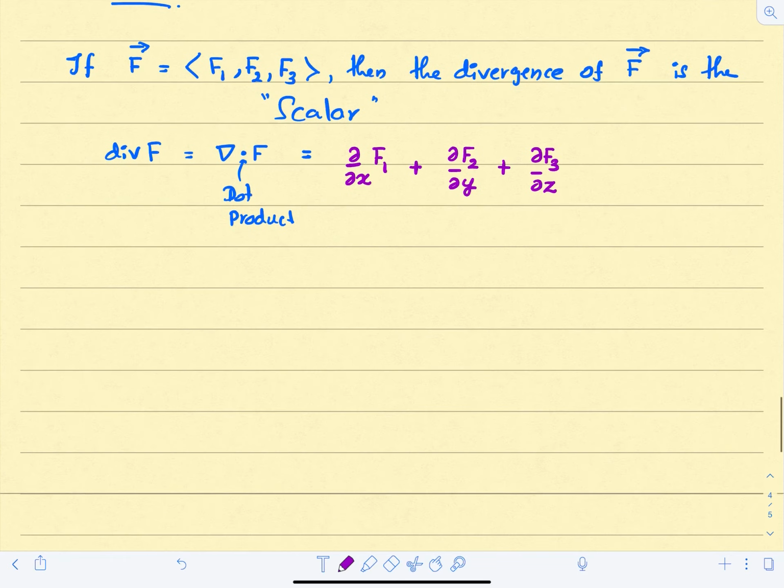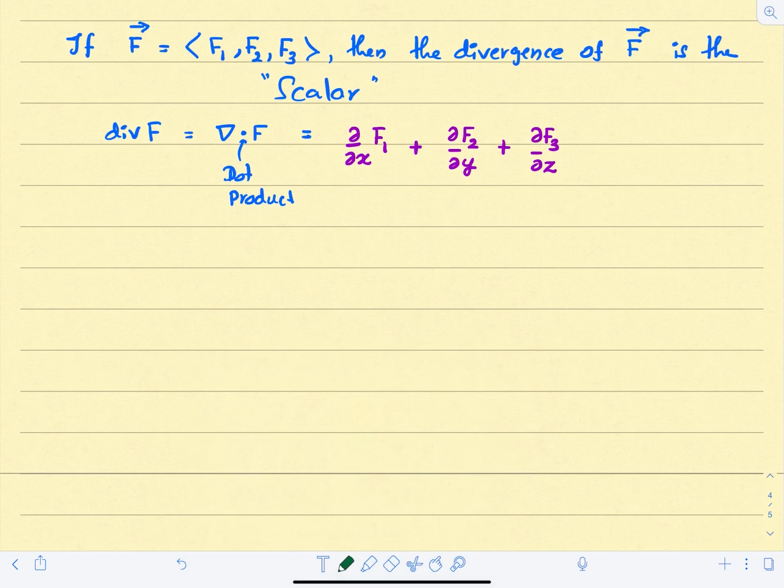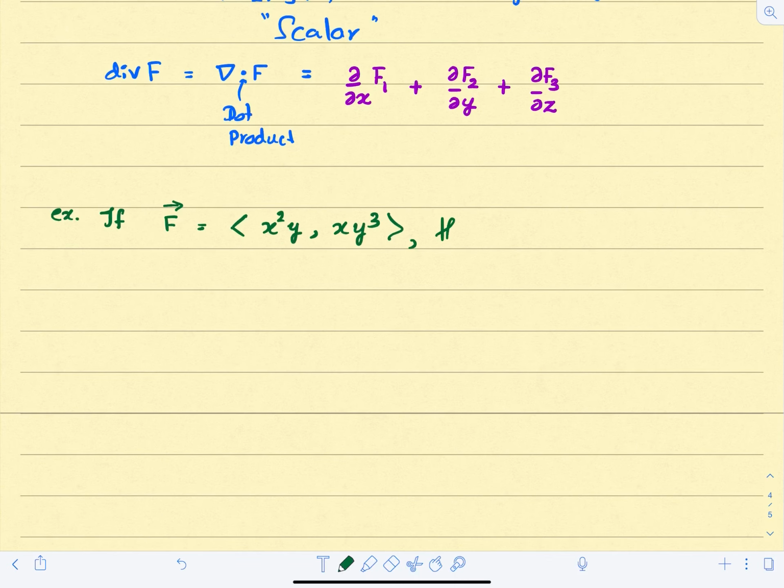Okay. As an example, let's say my vector field f equals x squared y comma x y cubed. So now we have a vector field in R2. Then divergence of f equals partial over partial x of x squared y plus partial over partial y of x y cubed.